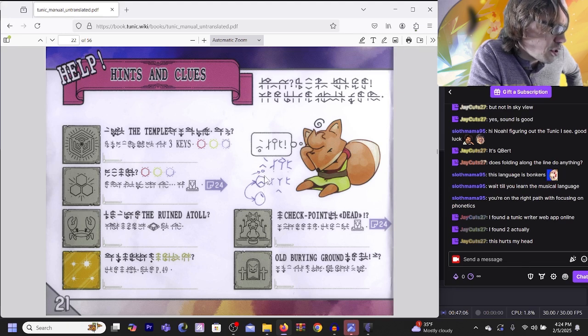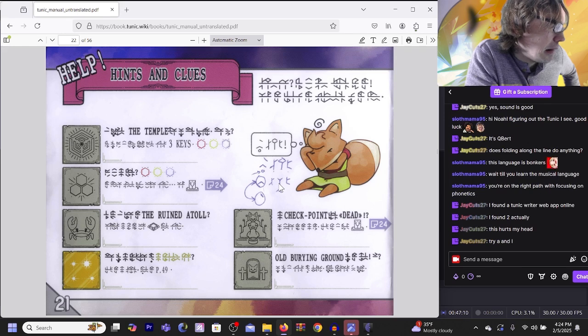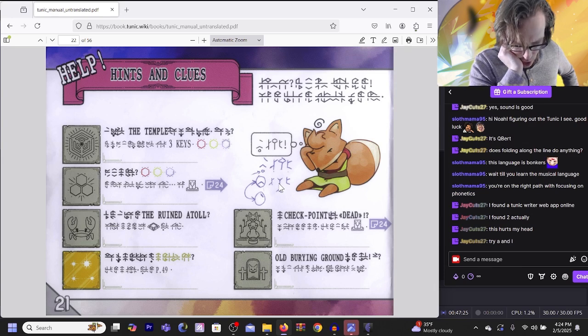It seems like this circle means to swap things. Why is he thinking about it? Try A and I, or A and L. Like, what would it look like?